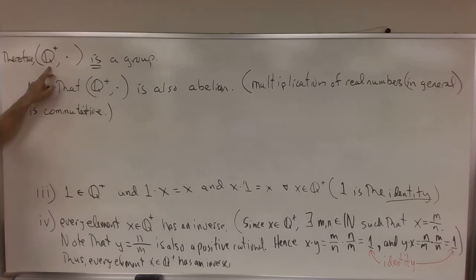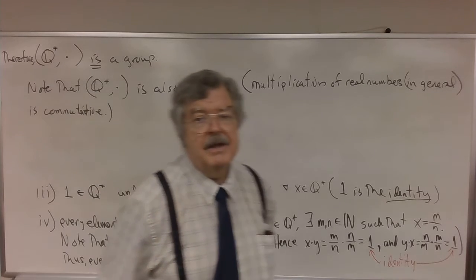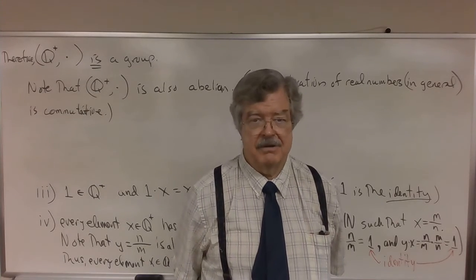And since the positive rational numbers are also real numbers, the multiplication of positive rational numbers is commutative. So the positive rational numbers under multiplication form a group, and in fact form an abelian group.